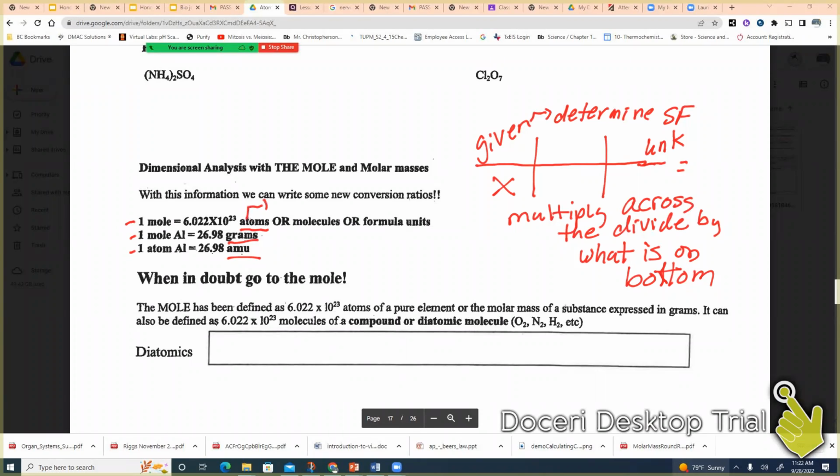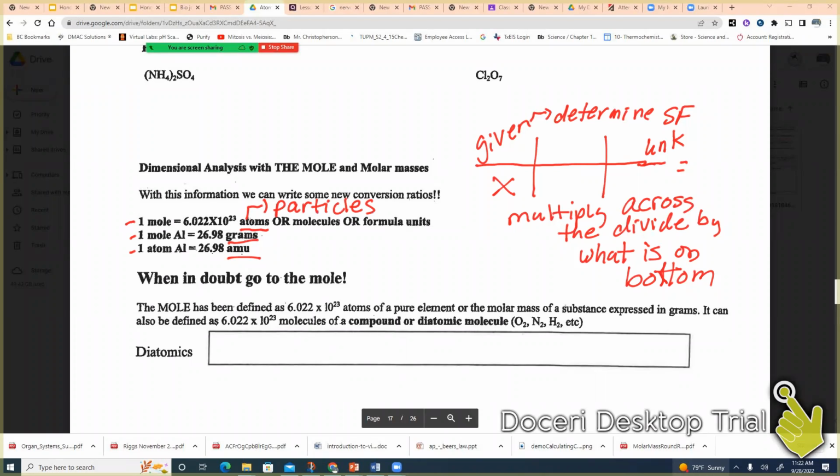These are all different types of particles. As we talked about earlier, it's atoms if it's an element, molecules if it's a covalent compound, and formula units if it's an ionic compound. So if you see any of those particles in your word problem, that's going to be a hint that you're going to have to use Avogadro's number.